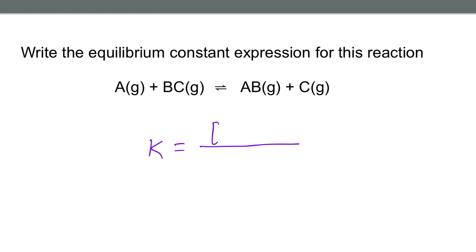So we'll take the concentration of products, AB, times the concentration of C, divided by the concentration of A times the concentration of BC. Everything raised to the power of 1.